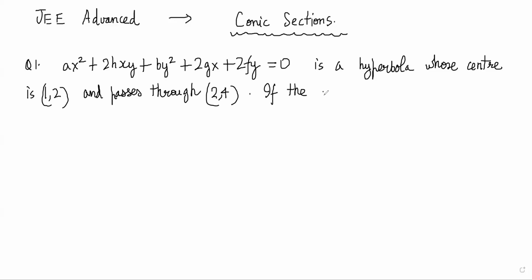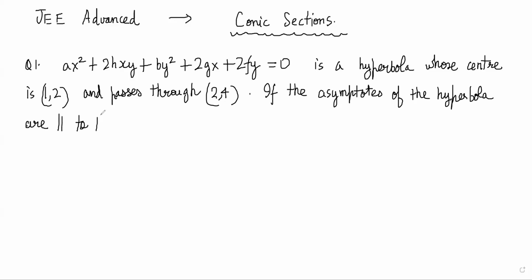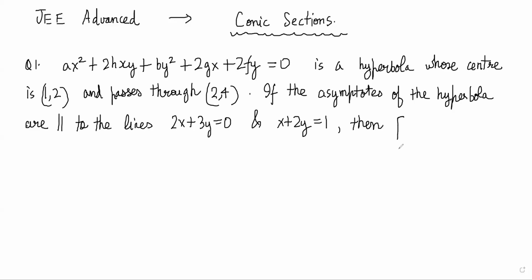If the asymptotes of the hyperbola are parallel to the lines 2x plus 3y equals 0 and x plus 2y equals 1, then we have to find the greatest integer function of f by g.